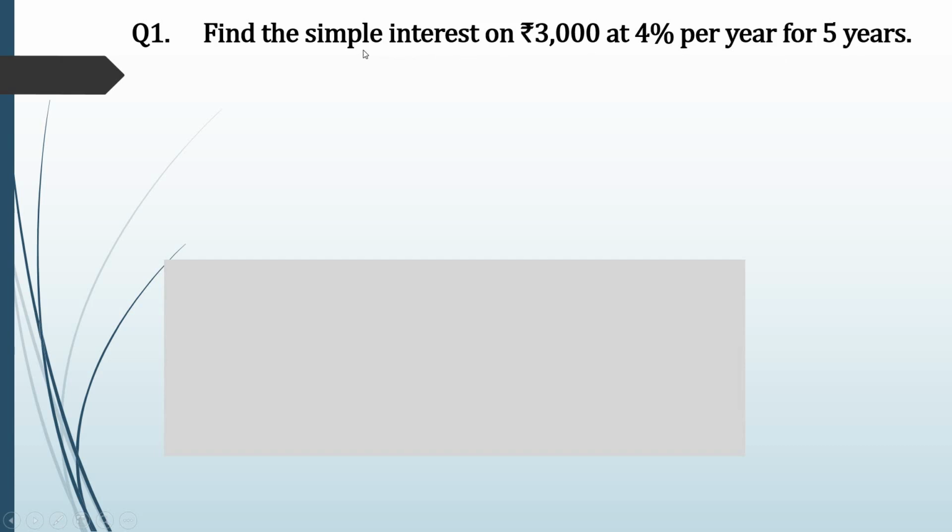So we are asked to find simple interest. How to start this numerical? We will start by first writing the given things. What are the given things over here? This is the principal, 3000. So we'll write P equals rupees 3000.